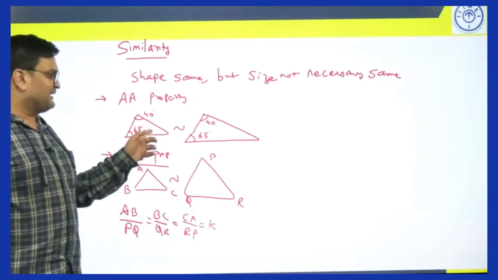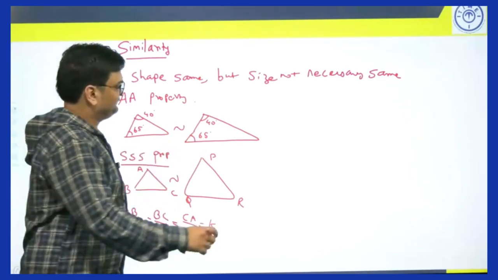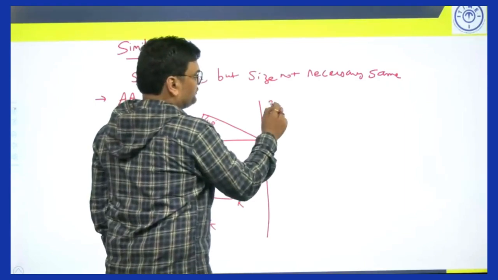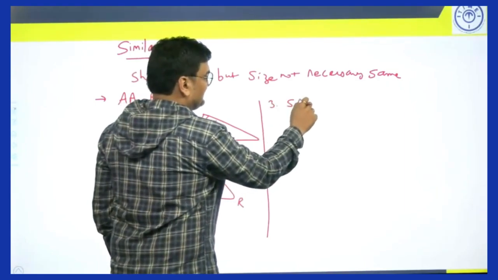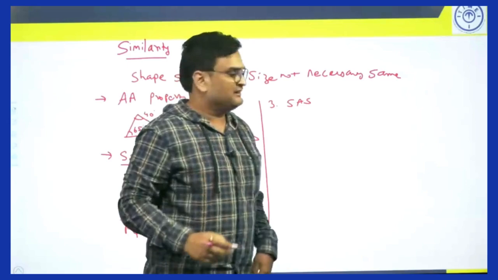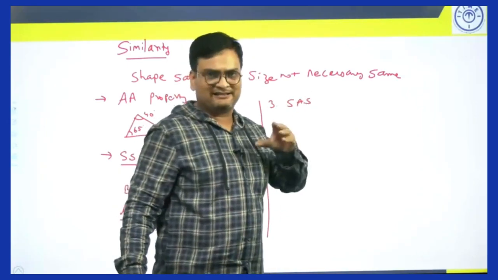So one way to prove similarity is this, the second way is this. The third way of proving similarity is the SAS property, SAS similarity, side angle side being the full form.